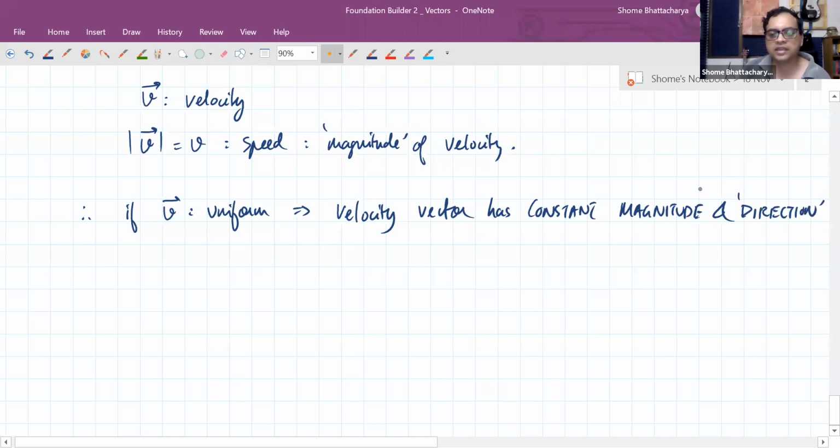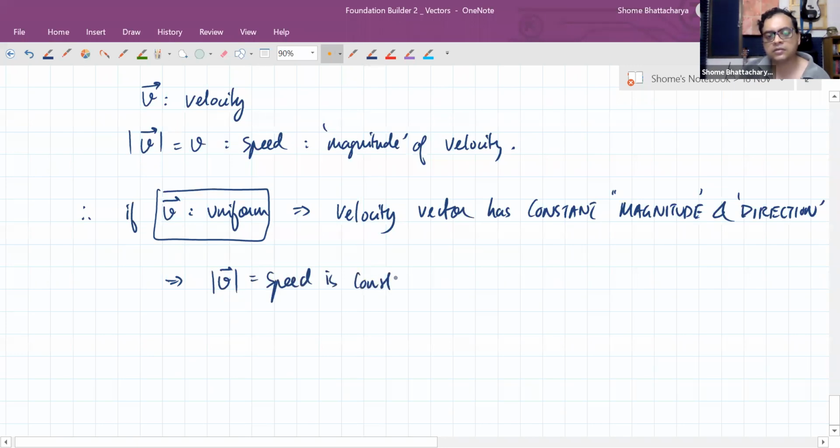Neither the vector is changing direction nor is changing magnitude. So automatically, this statement implies that magnitude of velocity, which is speed, is constant. Okay. So if we say velocity is uniform, it means that the speed is constant.